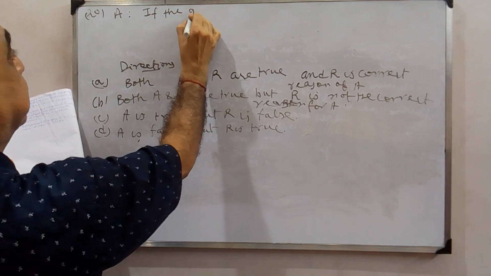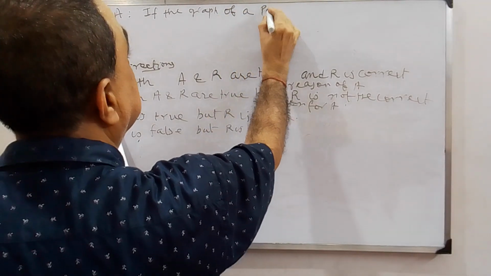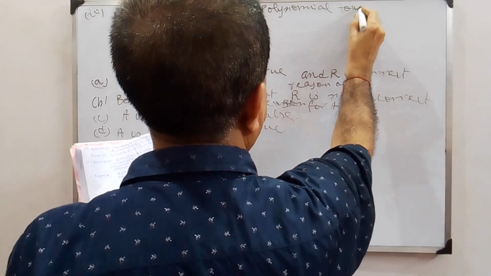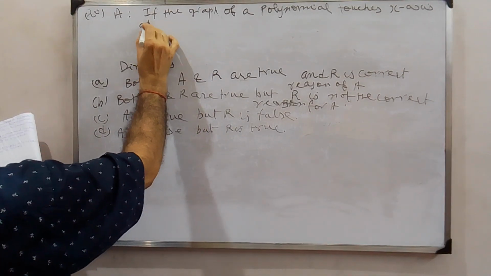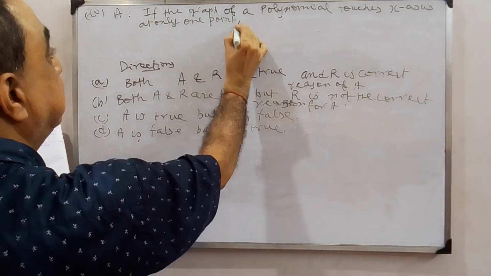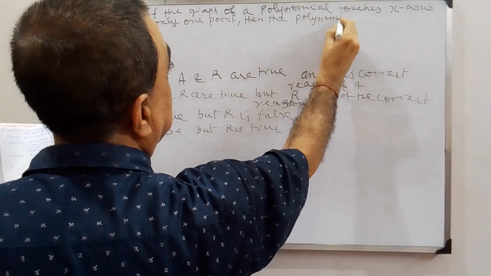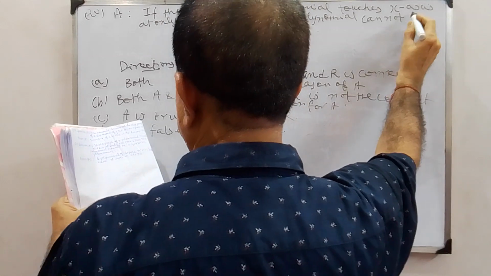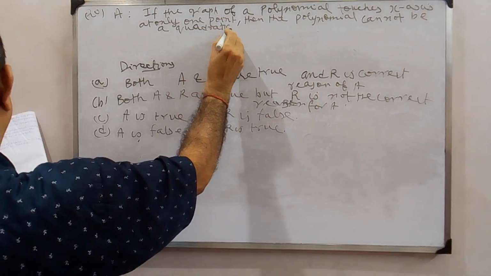If the graph of a polynomial touches the x-axis at only one point, then the polynomial cannot be a quadratic polynomial.